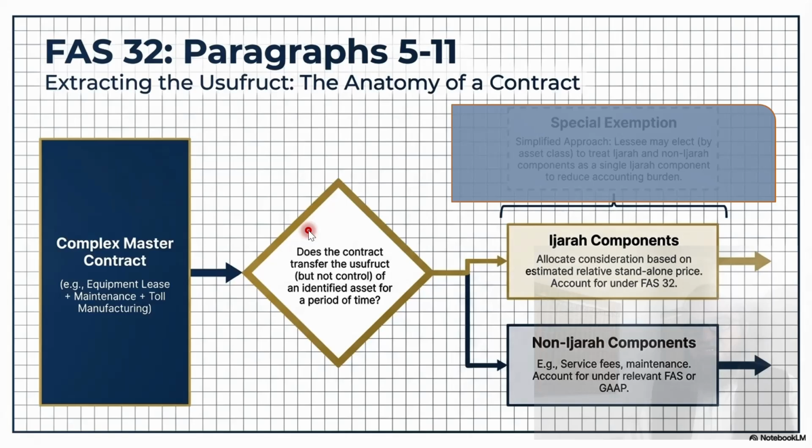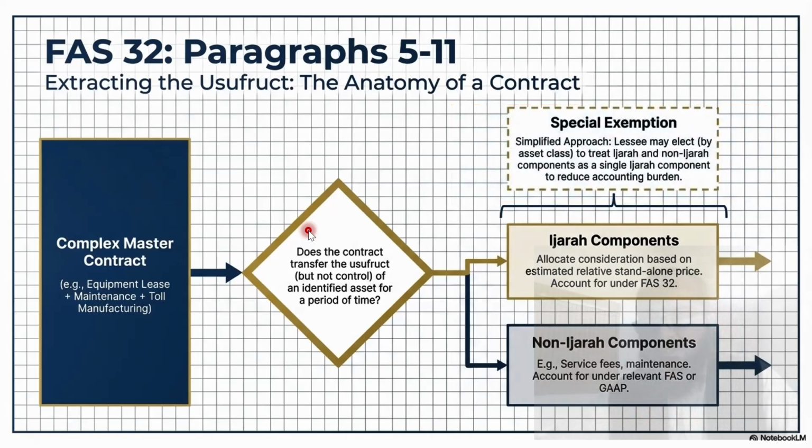Let's say the standalone price of the Ijara in the market is 60 and the standalone price of non-Ijara in the market is 80. So the ratio comes to 6/8, which is 3/4. Now the 100 rupees will be broken down in the ratio of 3 to 4. So 3/7 will go to Ijara and 4/7 will go to non-Ijara.